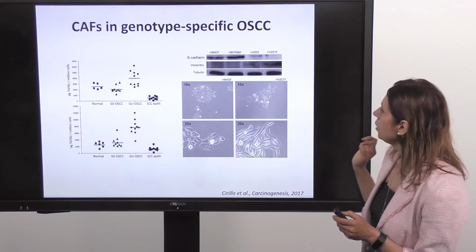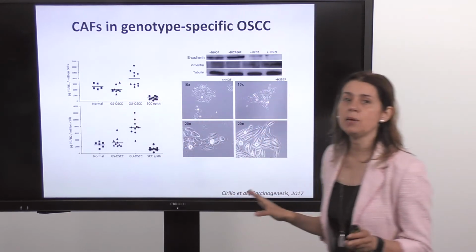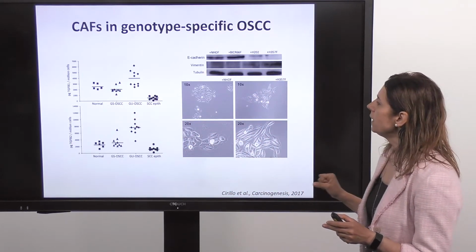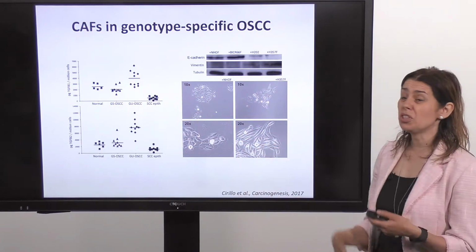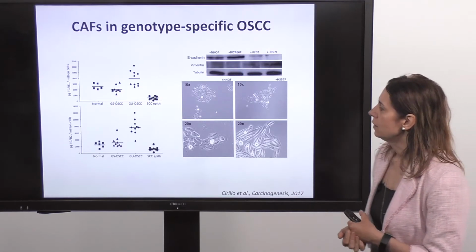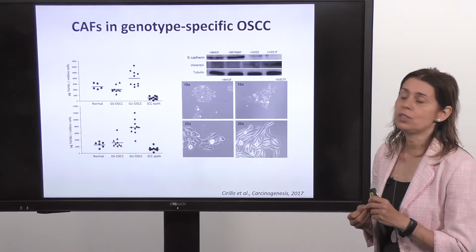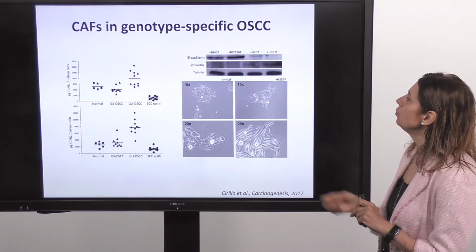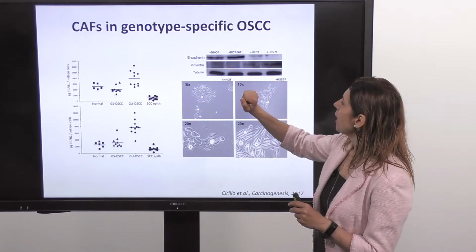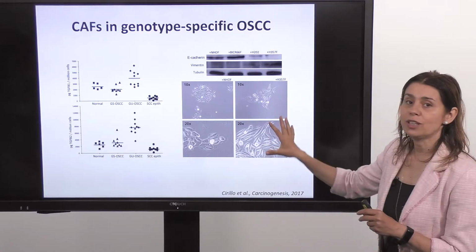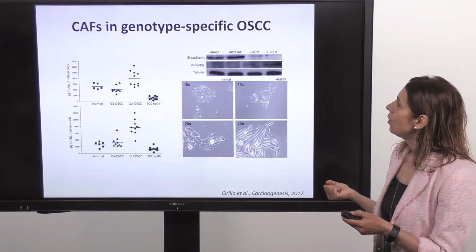They showed here that the fibroblasts from genetically stable squamous cell carcinoma do not synthesize so much TGF-beta-1, but the fibroblasts isolated from the genetically unstable oral squamous cell carcinomas synthesize high amounts of TGF-beta-1, and this was associated with a phenotype related to senescence, and it had an impact on decreasing the E-cadherin, so again inducing EMT, corroborating actually with our results.